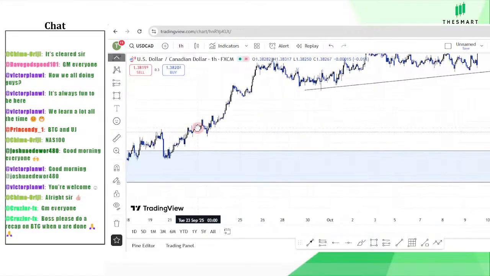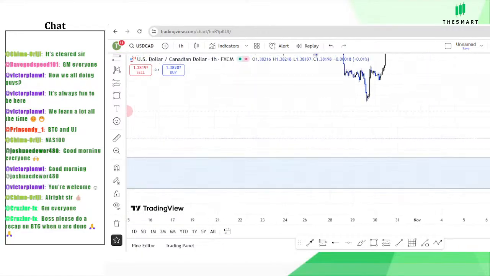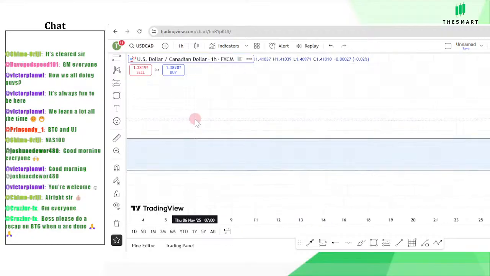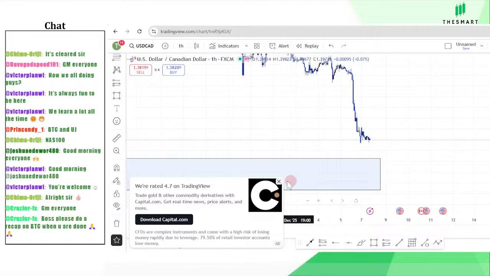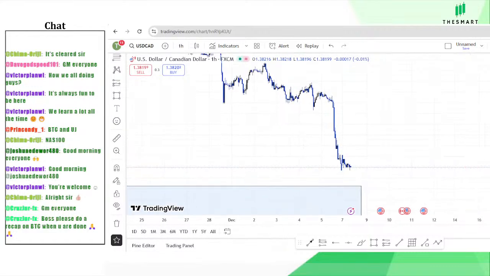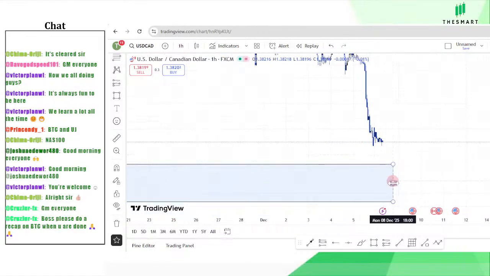Please, let's wait for confirmation on this, because I don't like trading bigger zones like this. When you have this type of zone, please be very, very careful. This is too big, so consider it before you set your SL.